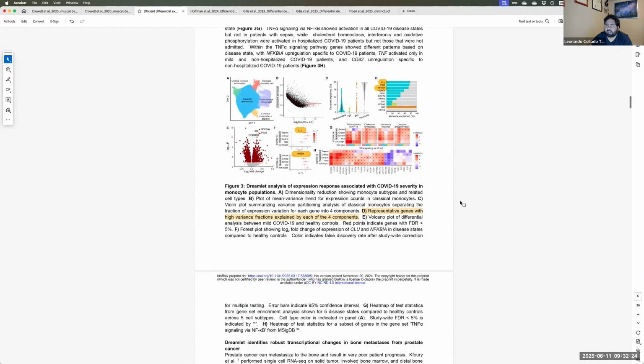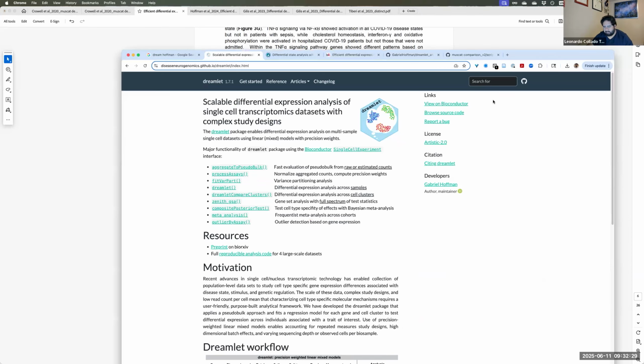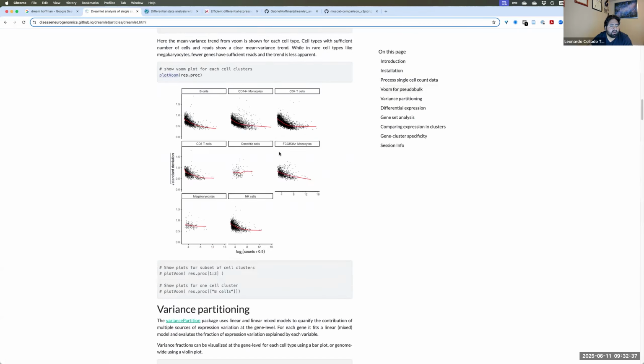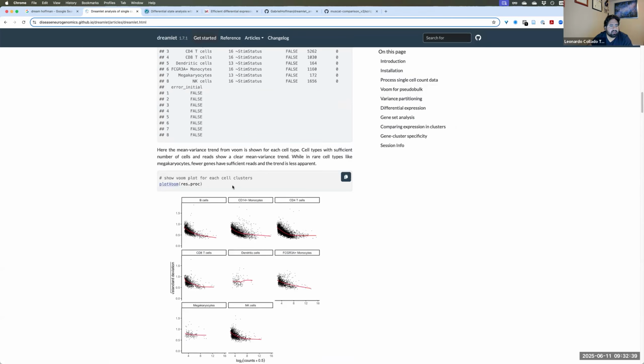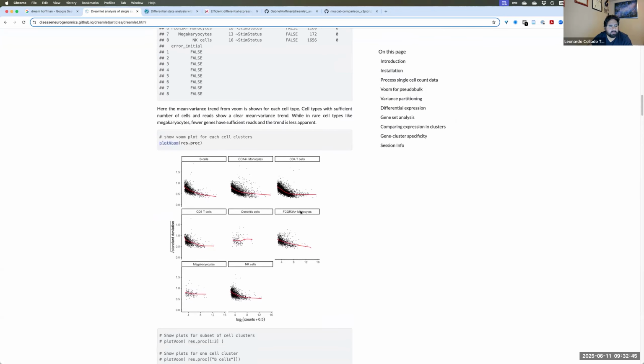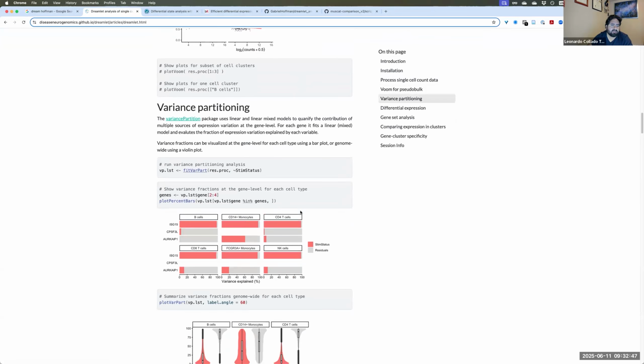Now, the Dreamlet software implements a really nice set of tools where you say, hey, I want to look at the voom graphs here, like we see one per cluster or cell type.